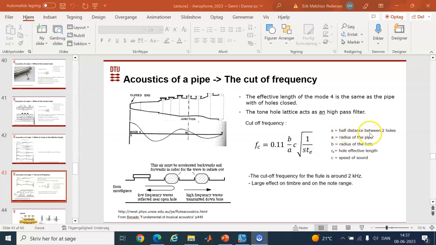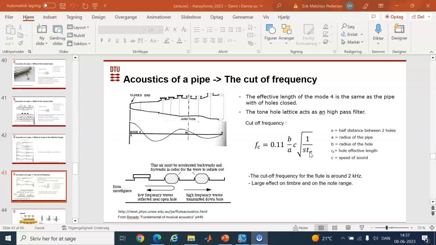S is a half distance between two holes. A is the radius of the pipe, B is the radius of the hole, C is the speed of sound, and in the square root, 1 divided by S, half distance between two holes as I told, and T is the hole effective length.